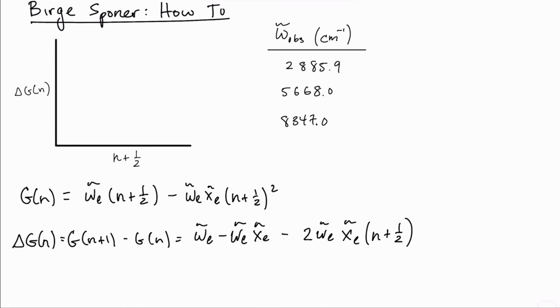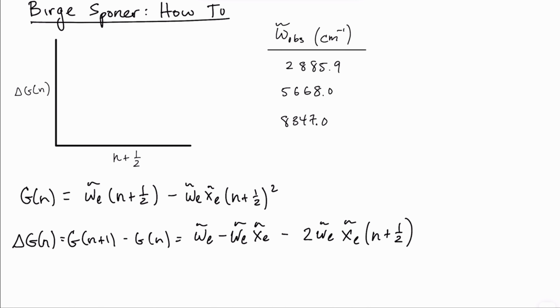So if we can take our spectroscopic data, figure out what delta G of n is, and plot it against n plus a half, then we can directly figure out each of these parameters that go into the anharmonic oscillator or the Morse oscillator.